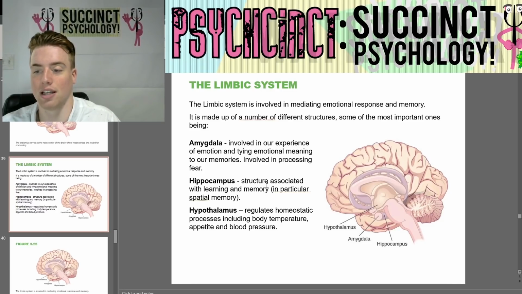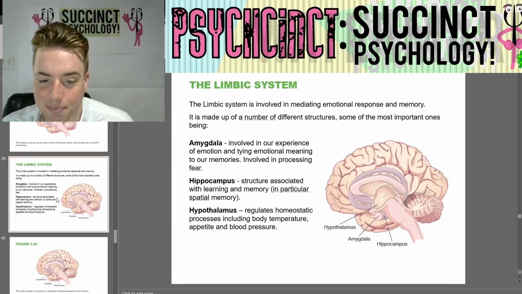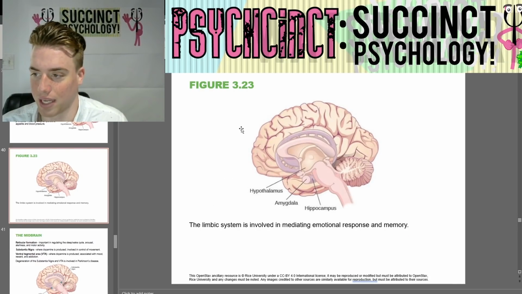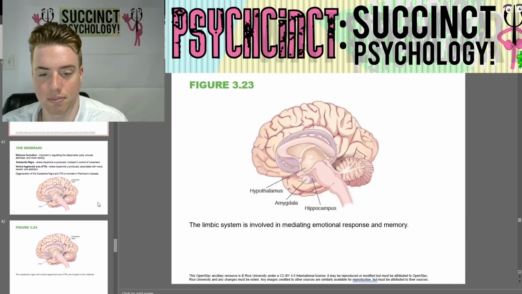And you can think of it as if you ever saw hippos on campus, you would remember that. And then hypothalamus, which one of my professors told me is like hypo the llamas or something, because it processes body temperature and your appetite and blood pressure, so you're hypoing the llamas, whatever that means. So those are the limbic system. And again, we have another nice picture of the limbic system.